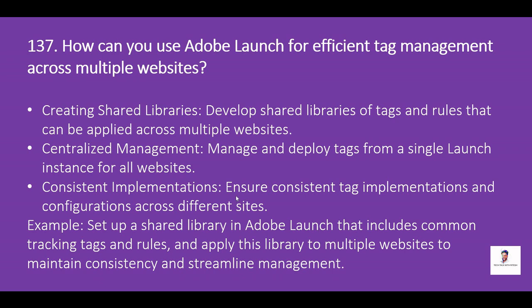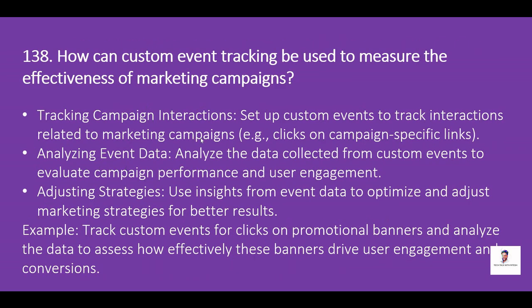Consistent implementations: ensure consistent tag implementations and configurations across different sites. An example would be to set up a shared library, which I already discussed in Adobe Launch, that includes common tracking tags, rules, and the library. How can custom event tracking be used to measure the effectiveness of marketing campaigns?